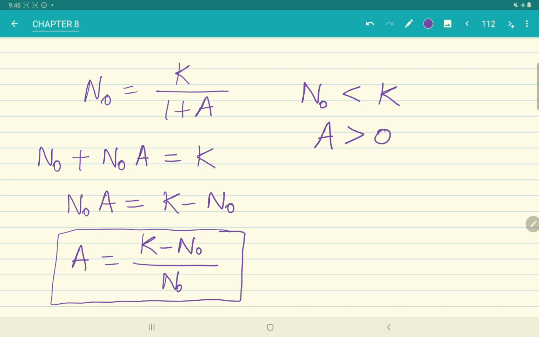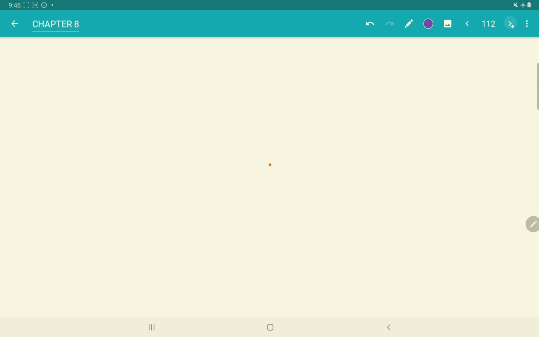N naught I know is greater than 0, and N naught is less than k, so here both numerator and denominator are greater than 0. That means a is greater than 0.